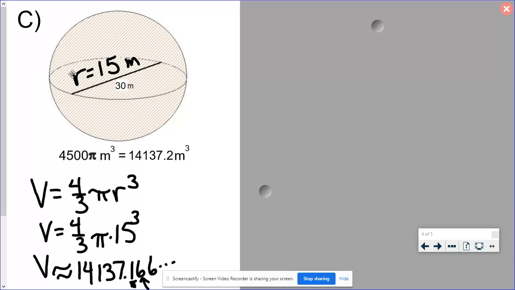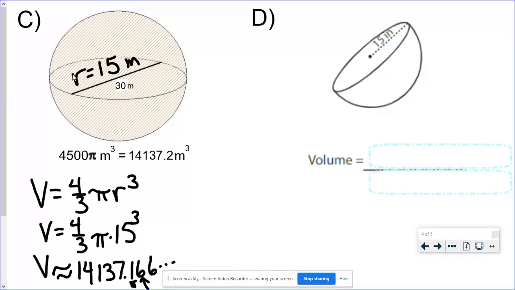Now, by the way, if you have not been using the pi key in your calculator, if you just use 3.14, especially on a number that gets this big, your answer is going to be slightly smaller than ours. It's going to seem significantly smaller on this one because the numbers just ended up being so big. But it's not that much of a difference.